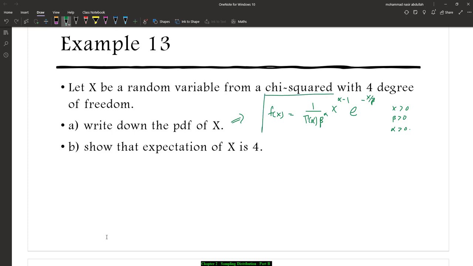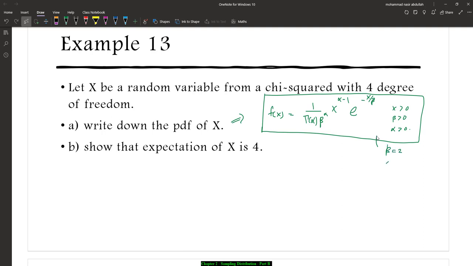This PDF from gamma distribution? Is it same? Sama ke? Sama sih.